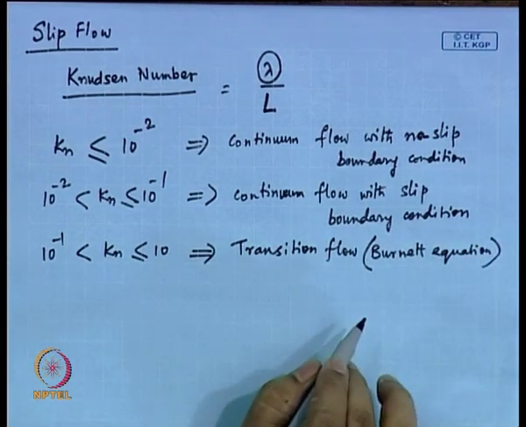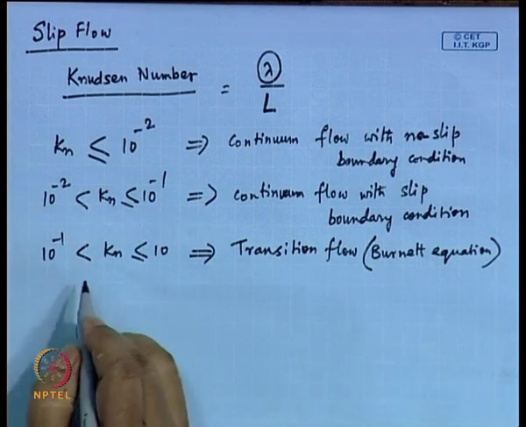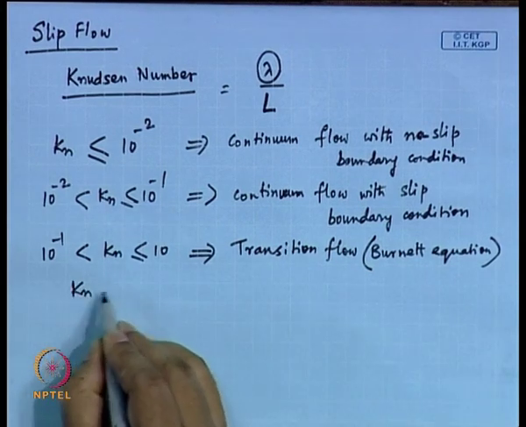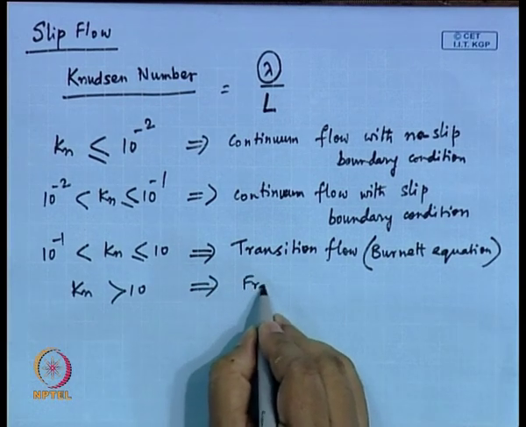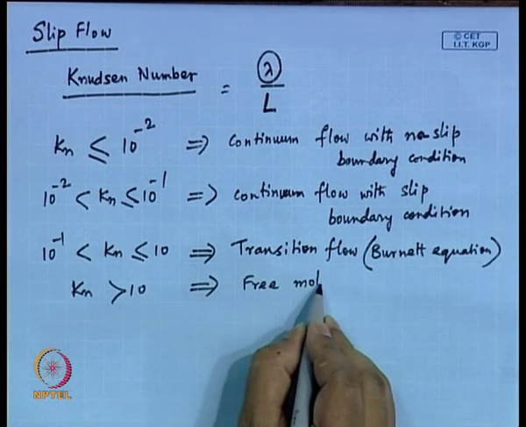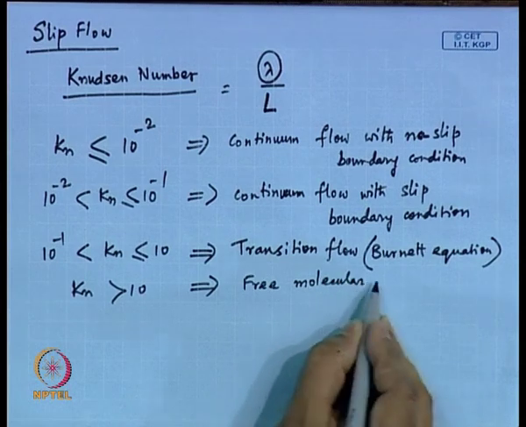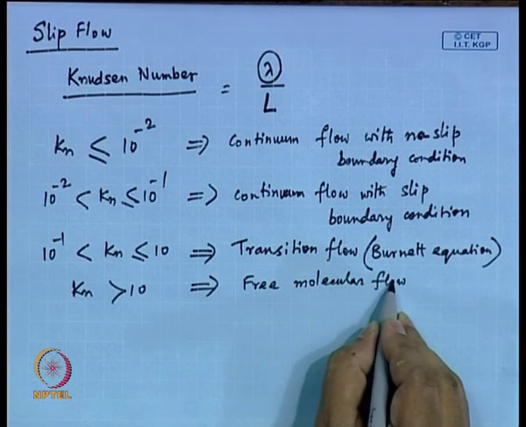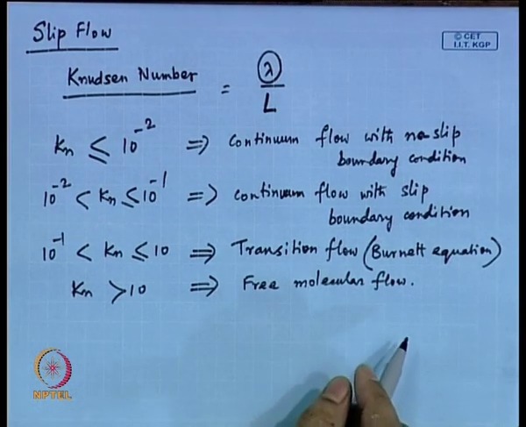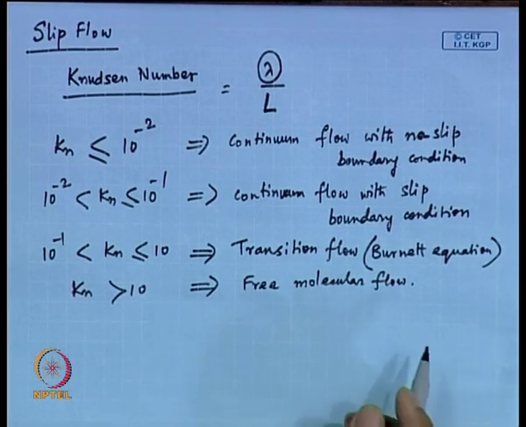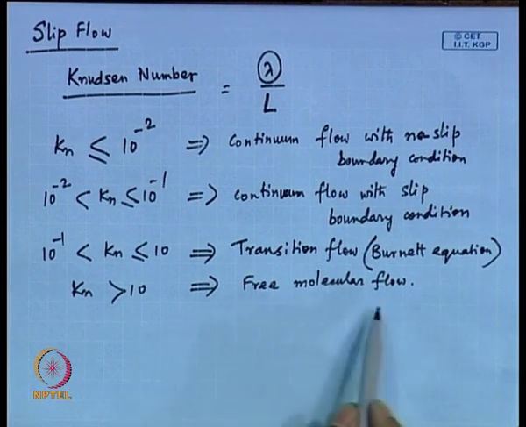Okay, that is the regime that you have. And if the Knudsen number is greater than 10, then you have free molecular flow. It is not continuum mechanics at all. Free molecular flow means what you have in molecular dynamics, collision of molecules. Okay, and that is the regime you are in.